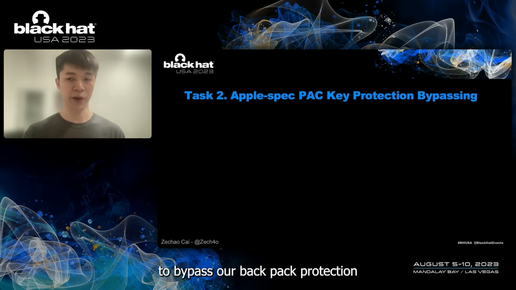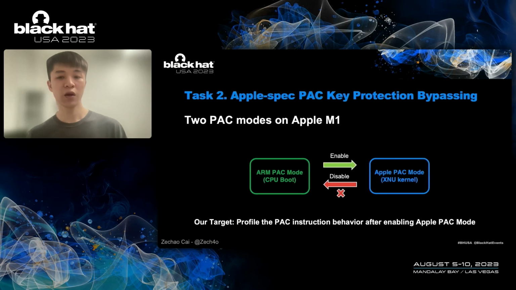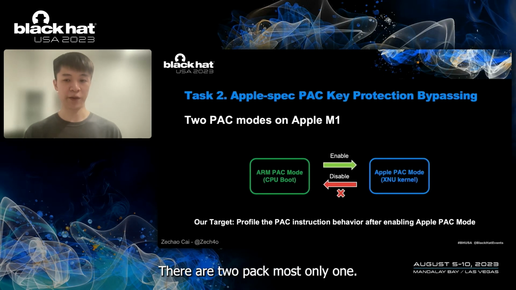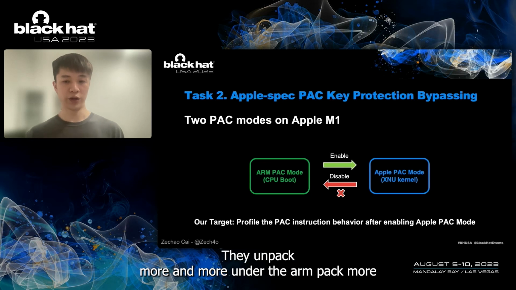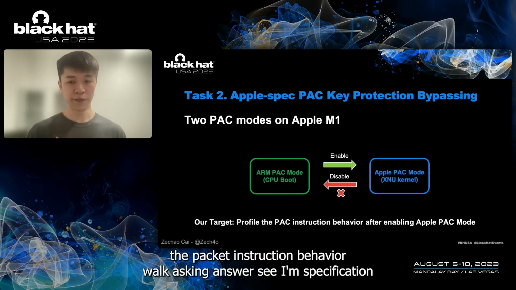Bypass Apple PAC key protection. First, there are 2 PAC modes on Apple M1: the unpack mode and Apple PAC mode. Under the unpack mode, the PAC instruction behavior will work as in the ARM specification.